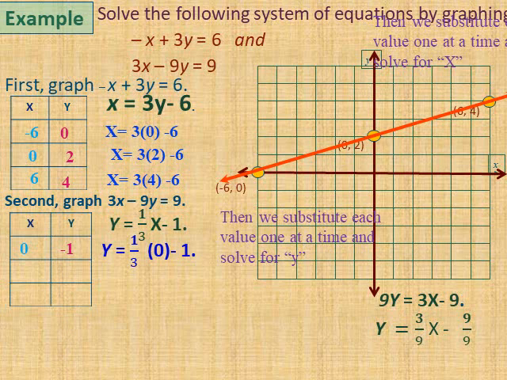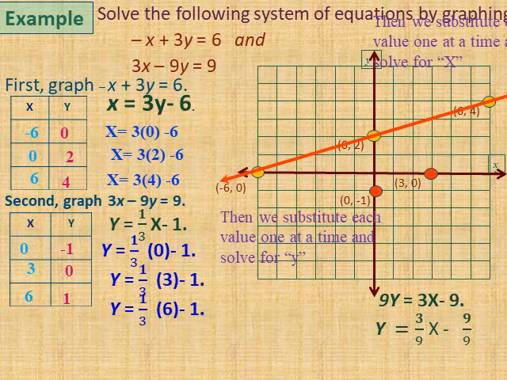So the first point is (0, -1). Second point, put x equal 3. I said table of 3, so it will be 1 minus 1, which means 0. The point will be (3, 0). Then put x equal 6 or negative 3, as you like. 1 over 3 times 6 means 2, minus 1, it will be 1 finally.